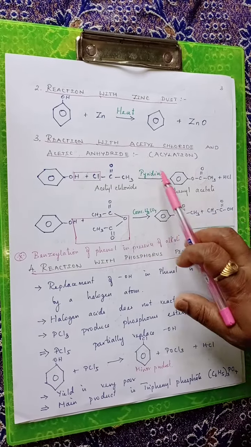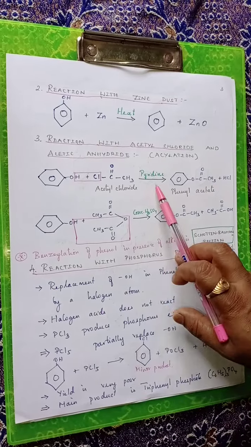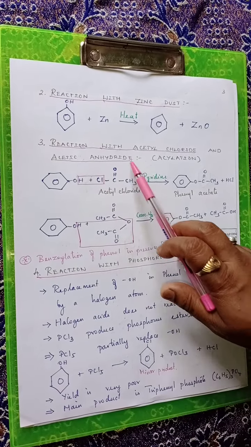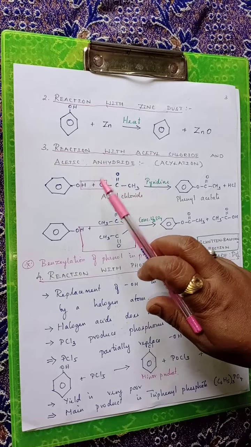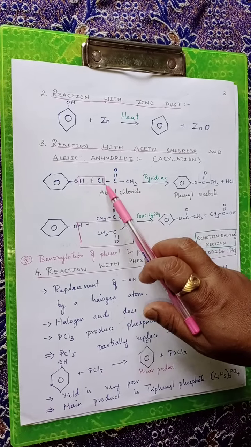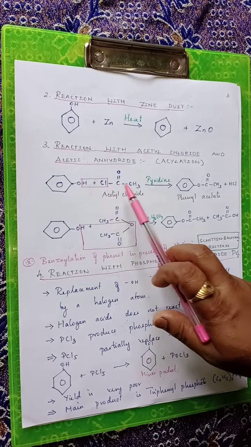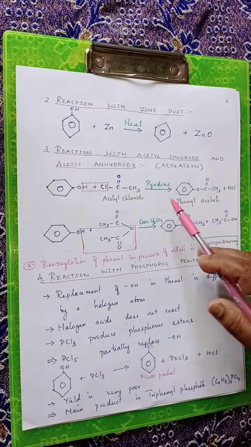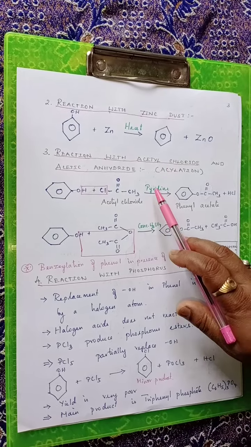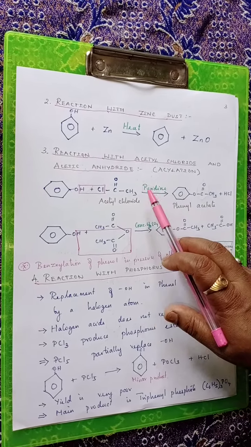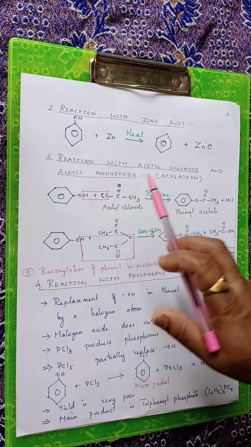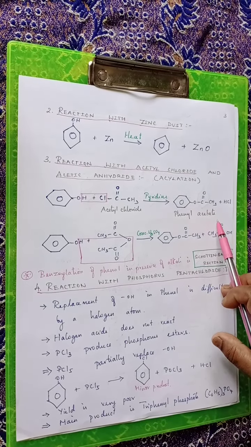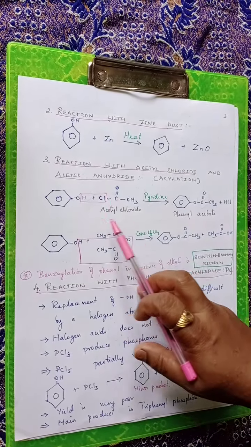The next one is the reaction with acetyl chloride and acetic anhydride. We commonly say it is an acylation reaction. When phenol reacts with acetyl chloride, CH3COOH is acetic acid, and over here the OH is replaced by Cl, so it is acetyl chloride. When it reacts with phenol in the presence of pyridine, the benzene ring which has nitrogen, which we have already discussed, the reaction takes place and you get phenyl acetate, like esterification.